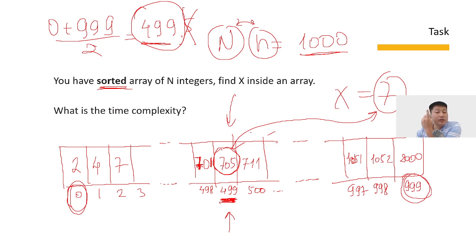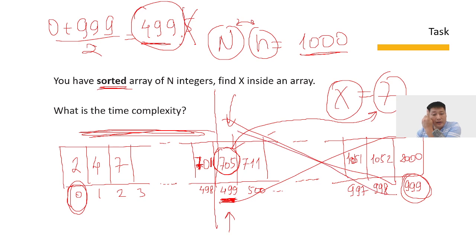If it's smaller, we know that our number x is somewhere on the left side, because the number is smaller than 705. So we just ignore the right side of the array.